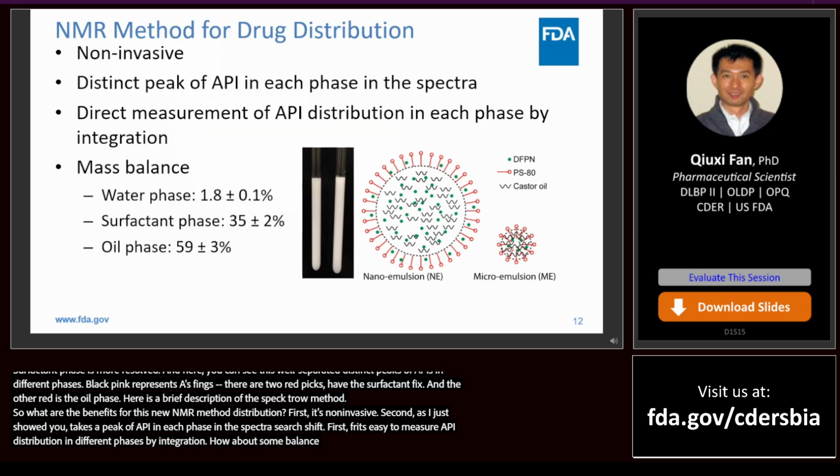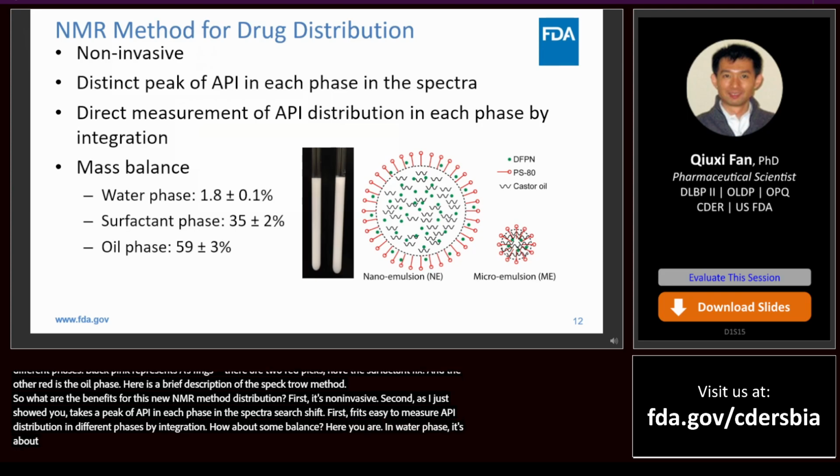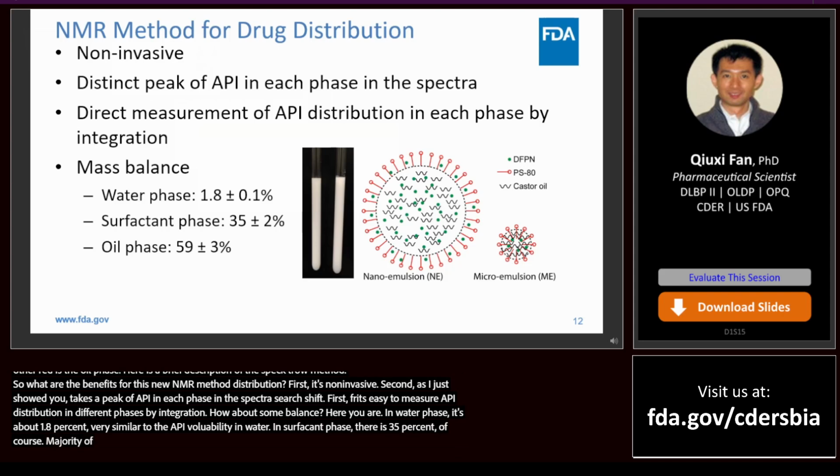Here you are. In the water phase, it's about 1.8%, very similar to the API's solubility in water. In the surfactant phase, there is 35%. Of course, the majority of API is in the oil phase, 59%. In total, it's nearly 96%. It's a very good mass balance result.